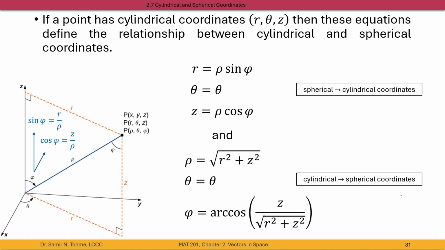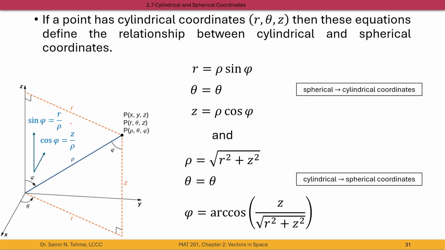Okay. Now, we can also transform from spherical to cylindrical coordinates and from cylindrical to spherical coordinates. We're going to use the same concept as before, and these are very easy to find. r in this case is equal to rho sine phi.